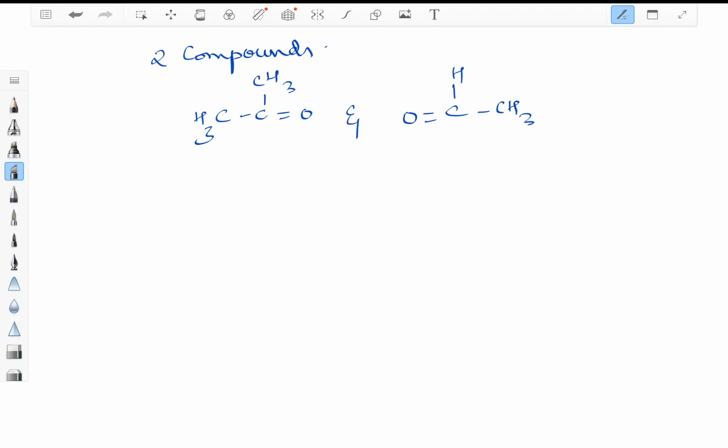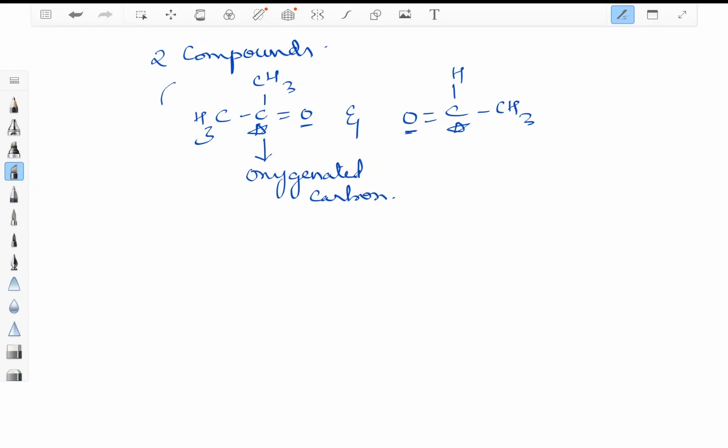So wherever there is oxygen attached to carbon, that carbon is called the oxygenated carbon. So the carbonyl compounds formed after ozonolysis can be used to determine the parent compound.